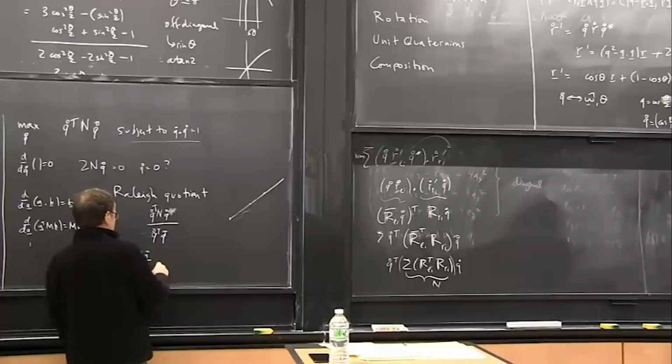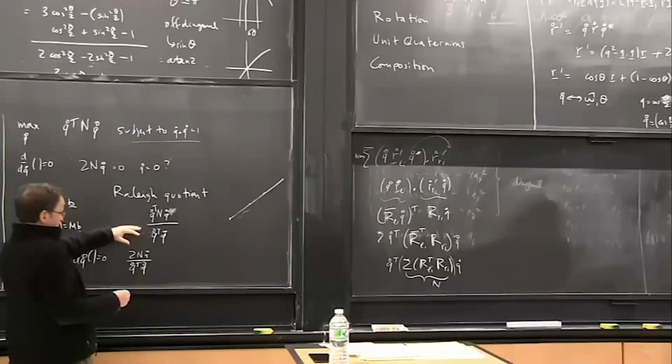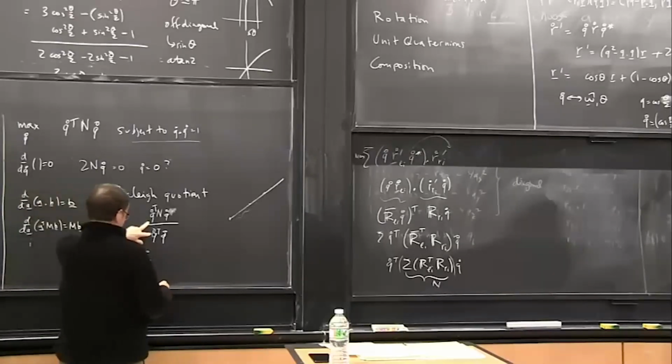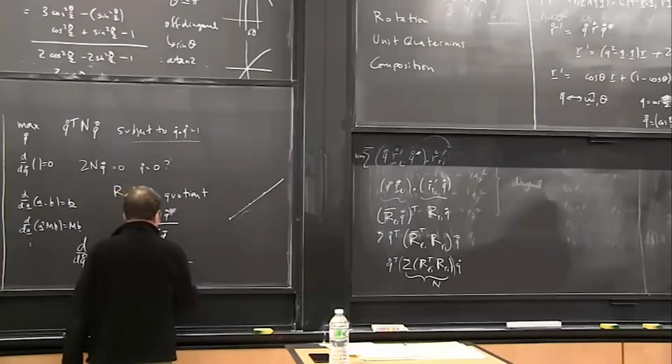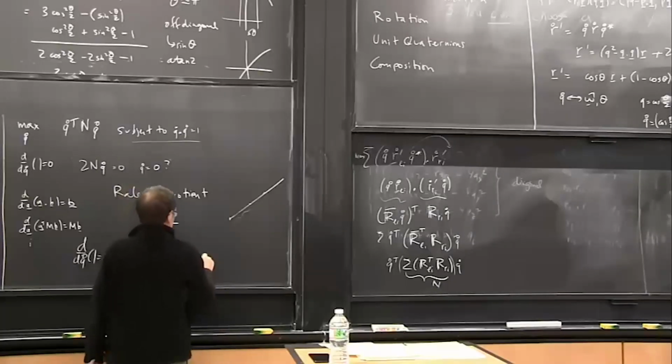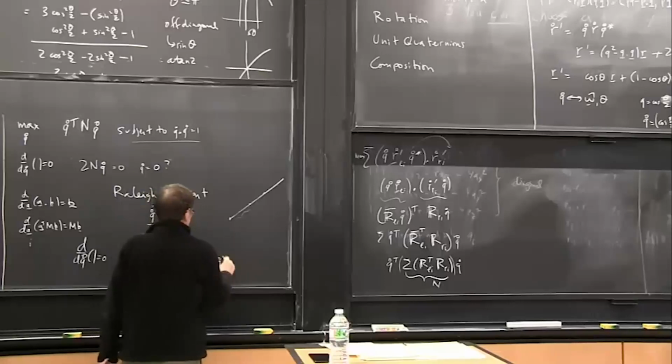And then we need to add the term involving the denominator. So we get minus 1 over q transpose q squared, times 2q, times q transpose n q.